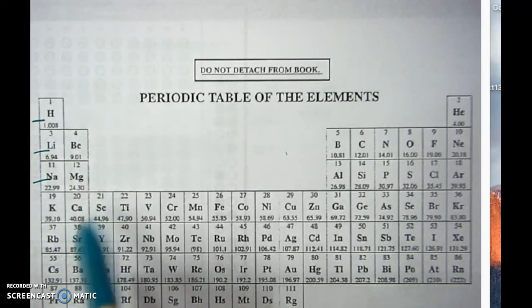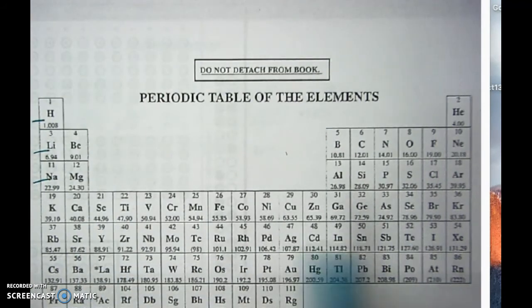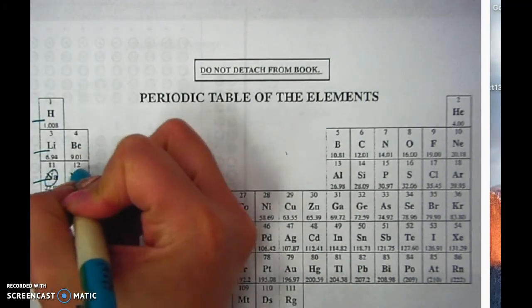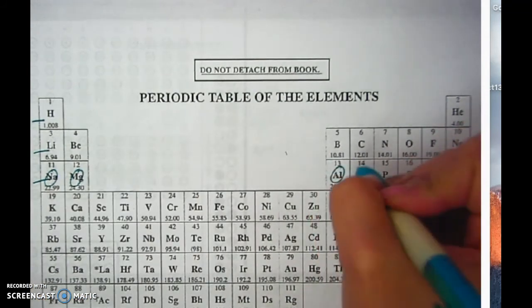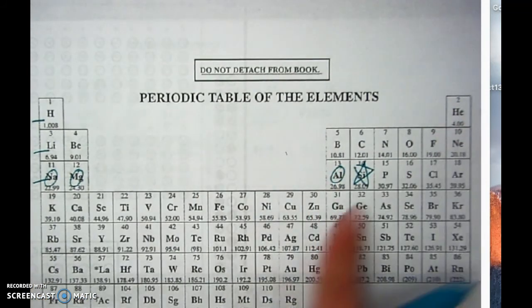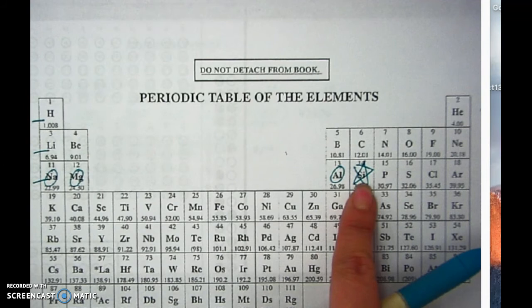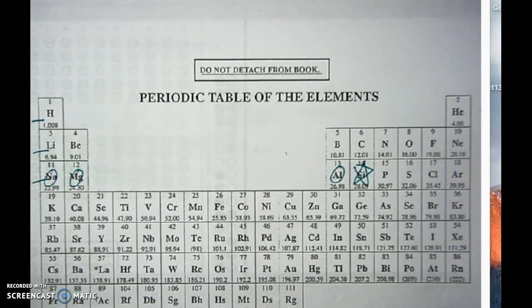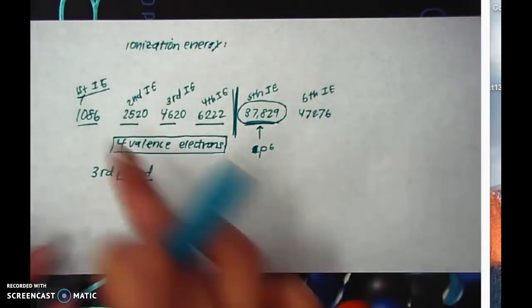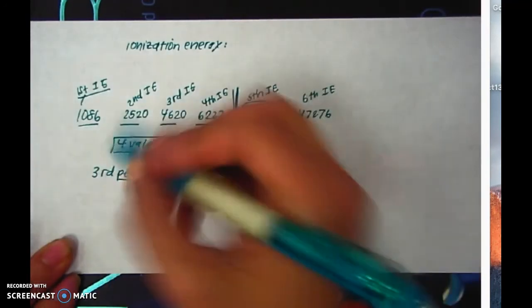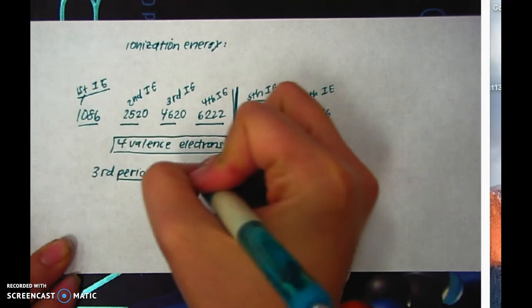I'm trying to find an element here that has 4 valence electrons. So it would be sodium, magnesium, aluminum, and then silicon right here is our culprit with 4 valence electrons. So I could say pretty confidently that if I know what period all these numbers pertain to, I could easily identify what the element is going to be.